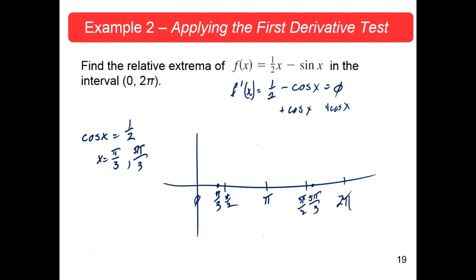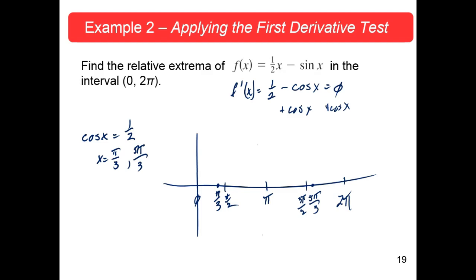We're doing example 2, top of page 184 in chapter 3, application of differentiation, section 3.3, increasing and decreasing functions and the first derivative test. Now, what we've done so far is they gave us f of x. It says find the relative extrema on this interval from 0 to 2 pi.